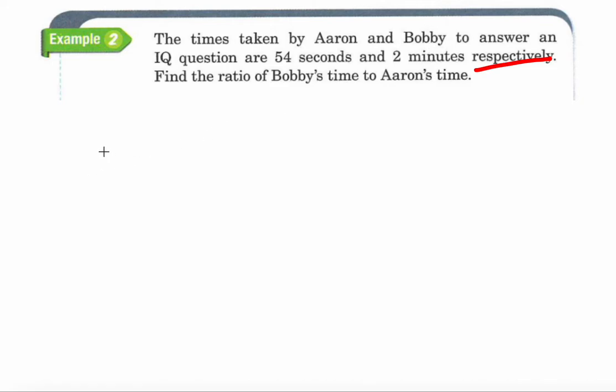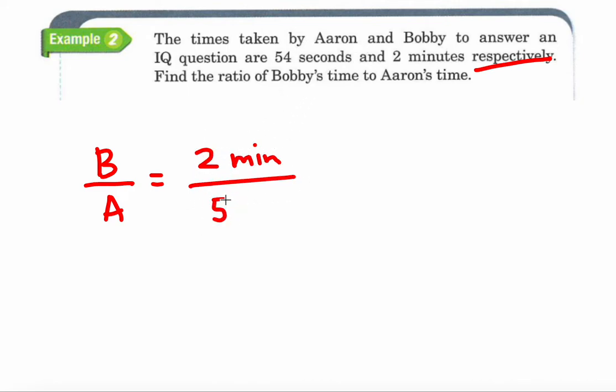So the ratio of Bobby's time, let's put B, to Aaron's time, A. Bobby was 2 minutes because his was listed second, and Aaron's was 54 seconds. Okay, we're not done here because these two are not listed in the same measurement of time, right? One is in minutes and the other is in seconds.